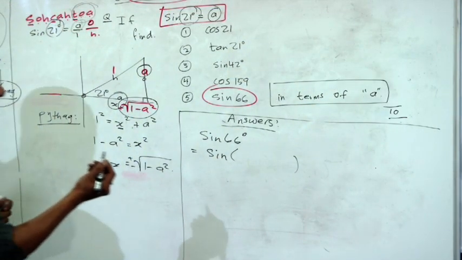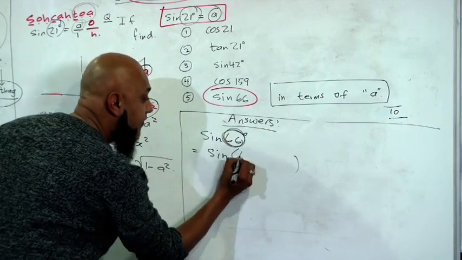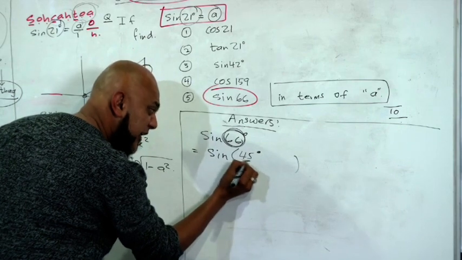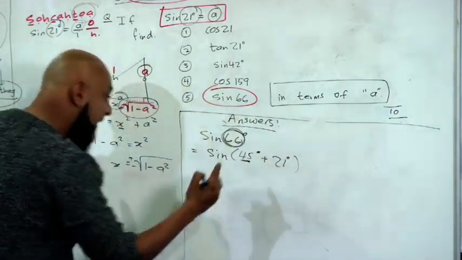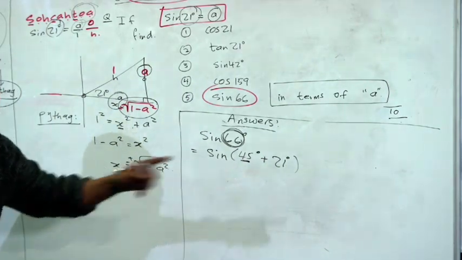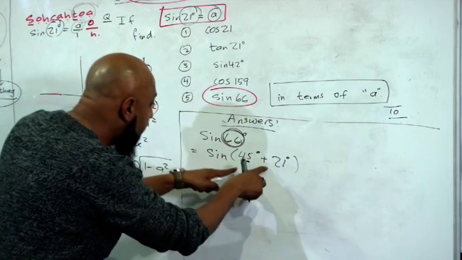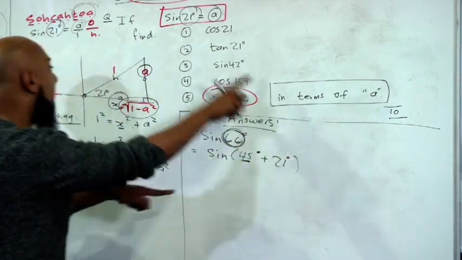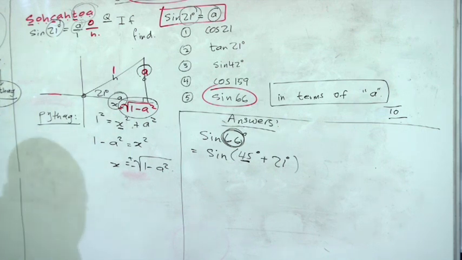But we also know that we can use our special angles. 45 is a special angle plus 21. We must get our reference angle into your question. The aim of this is to get your reference angle into your answer so that you can then resubstitute it with the alphabets that you found from your triangle.